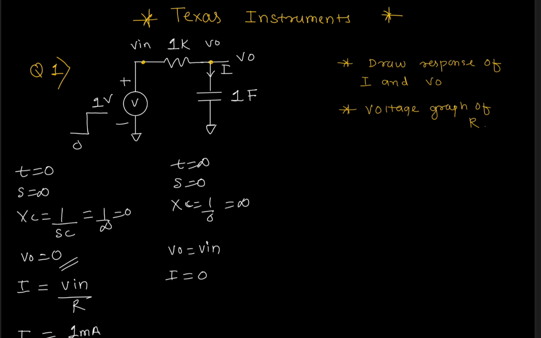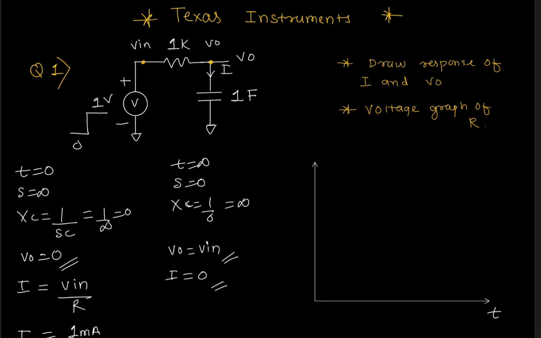So from these four things, we can easily plot the waveforms. So let's plot it. Okay, so first this is t. First we'll plot the output voltage.